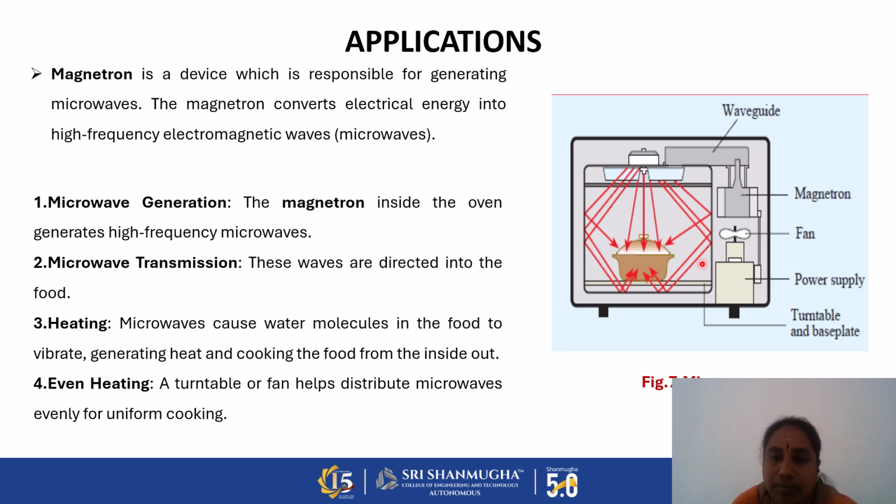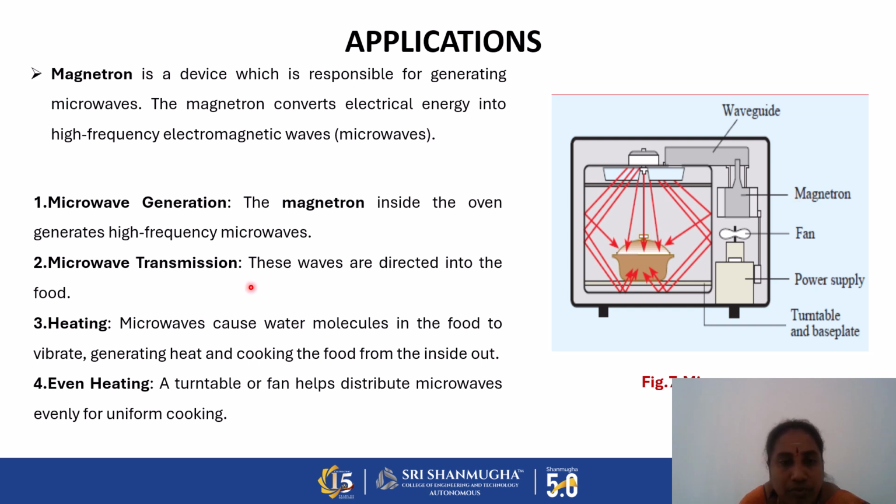In general, a microwave oven operates up to 10 gigahertz, which is a high frequency range. First, microwave generation: inside the oven, the magnetron is fixed here to provide the high power level.